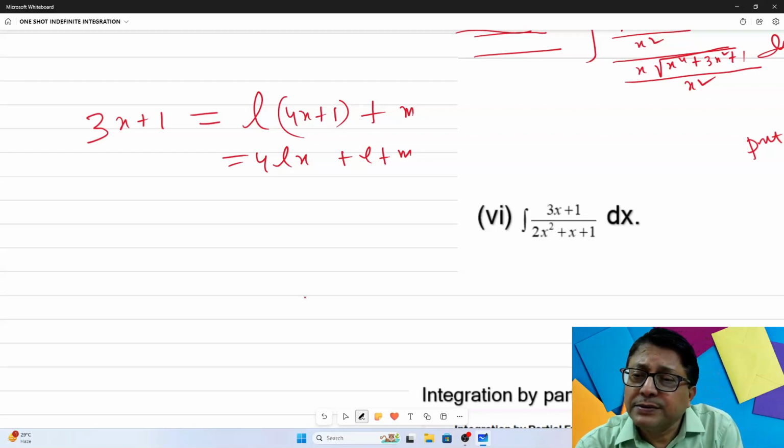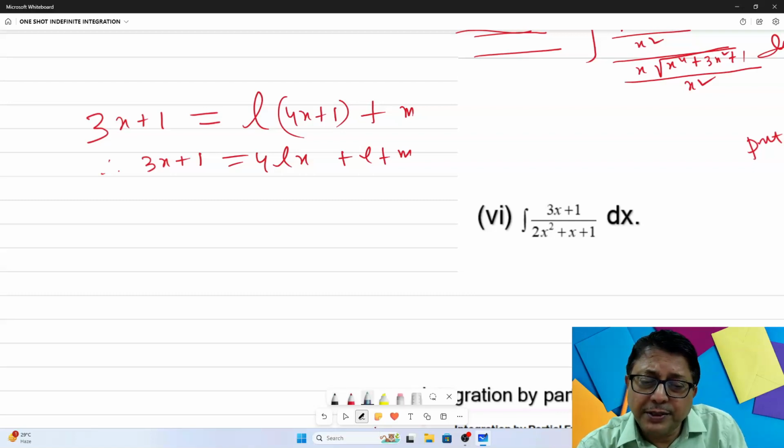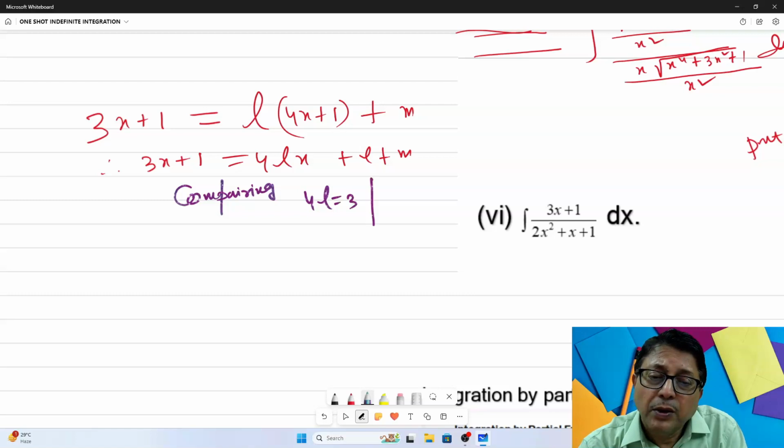Now compare. So comparing two sides, what do you get? We get 4L is 3, L plus m is 1.